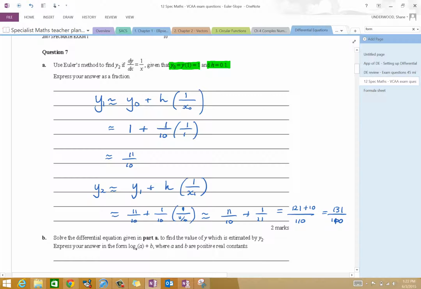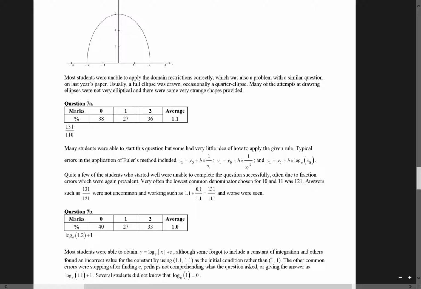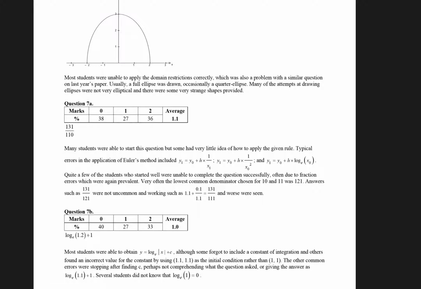Now, it says solve a differential equation, but I am going to pause the video now, and we're going to go to the 2007 exam 1 to see what students do and do wrong. Because, now I'm going to resume that because this question, 38% of students got 0. 55% of students, 65% of students got 0 or 1.